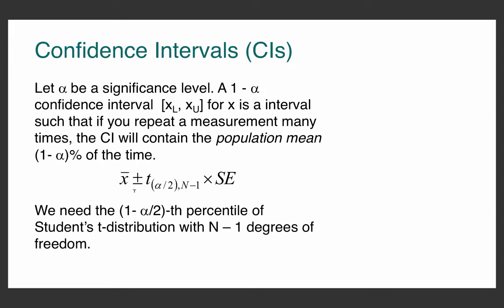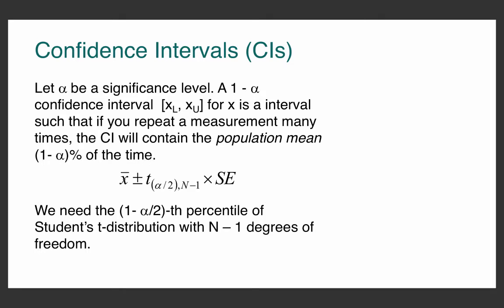The way you do this is using Student's t-distribution. I'm not going to explain why you use Student's t-distribution. If you're interested, you can go back to your SCI210 textbook or another statistics textbook. Wikipedia has a nice explanation of this.